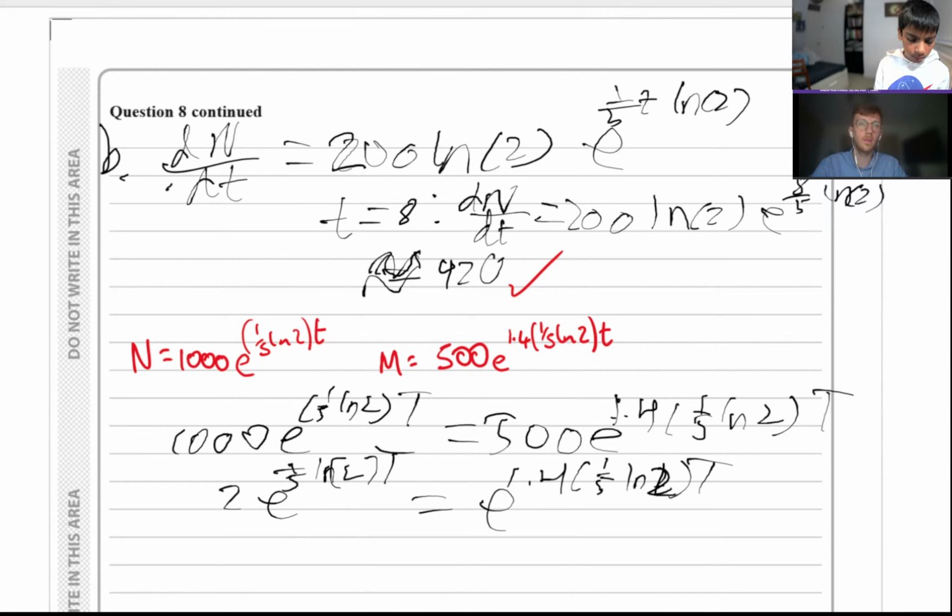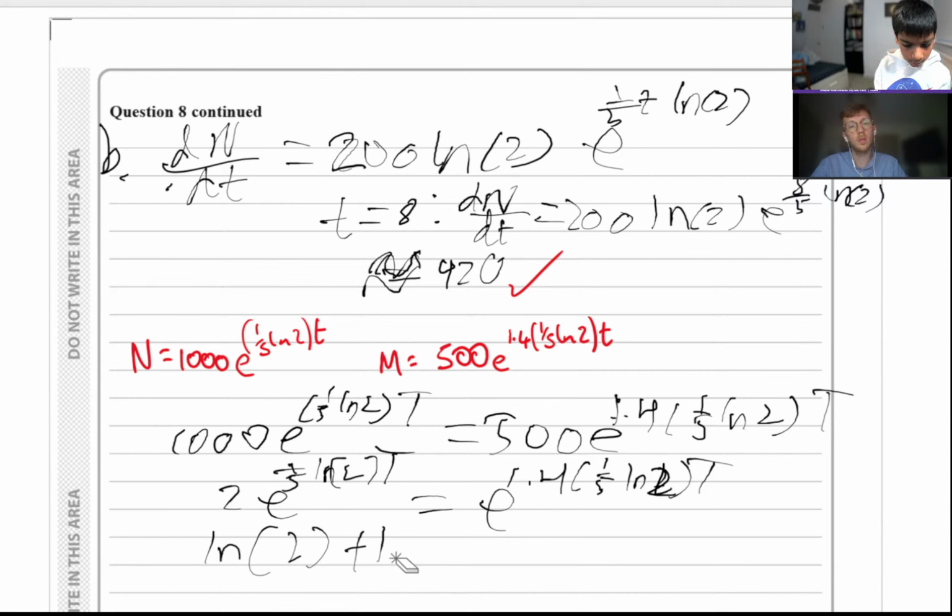Good. And then we just do the ln of both sides. ln of 2 times something is the same as ln of 2 plus ln of that something.